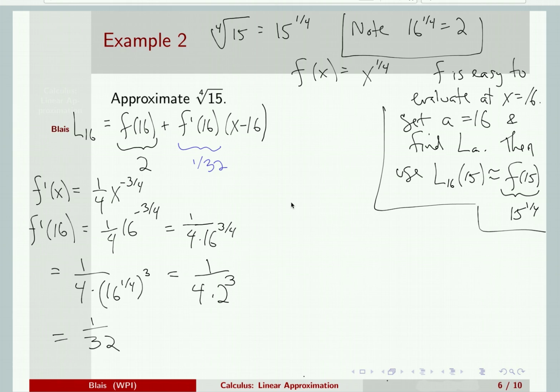So our linear approximation is, as we set up here, 2 plus 1/32 times quantity x minus 16. But remember, we want to check this linear approximation.